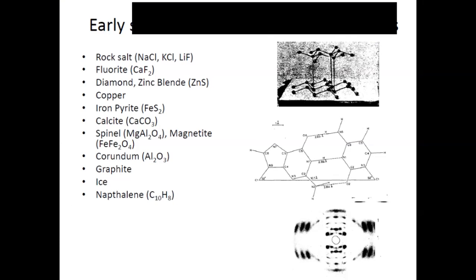Nowadays, myself, I spend most of my time solving crystals of organic molecules. But back then, inorganic salts were some of the easiest materials to crystallize, to get crystals big enough to get diffraction patterns for. That's why some of the early crystal structures were just inorganic salts.